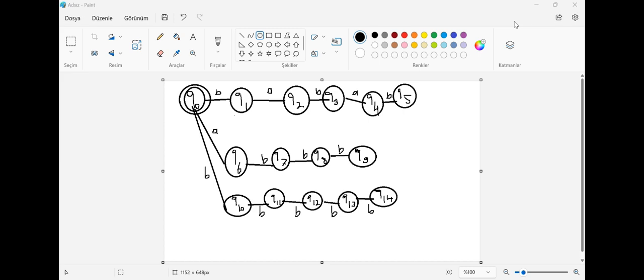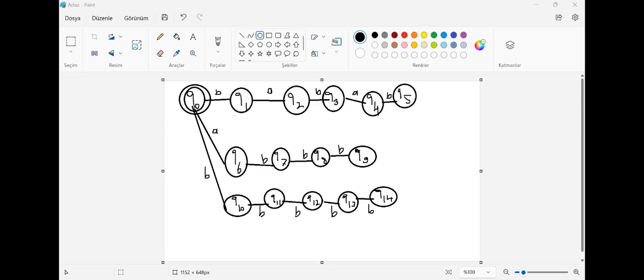Now I drew a state diagram. I'm not sure it is true or not. I tried to draw.